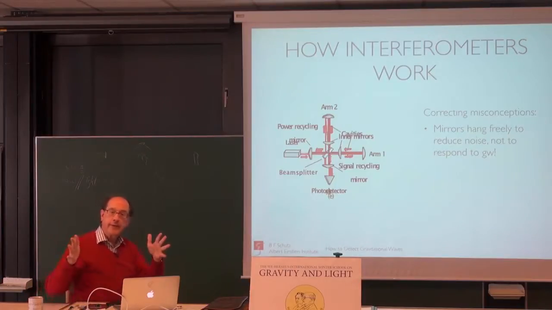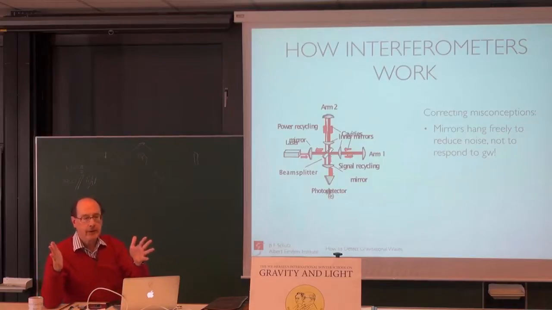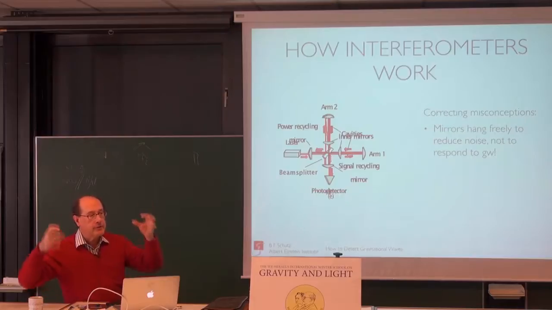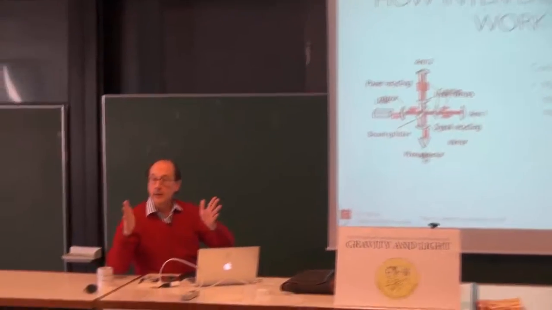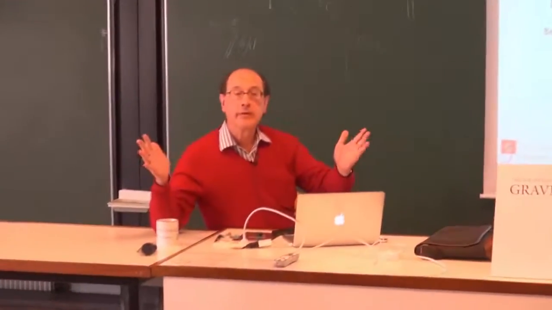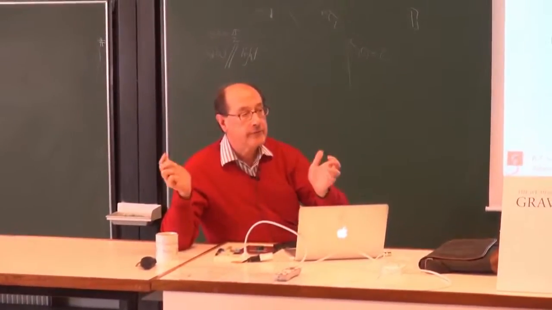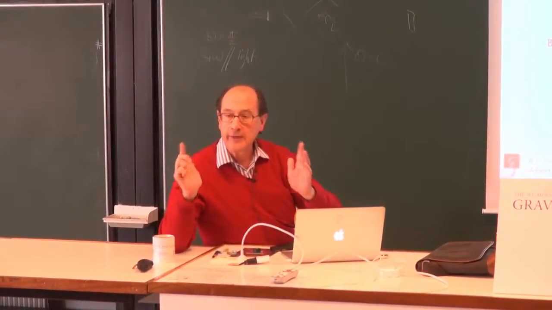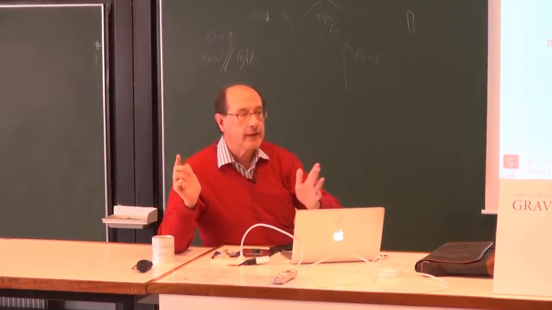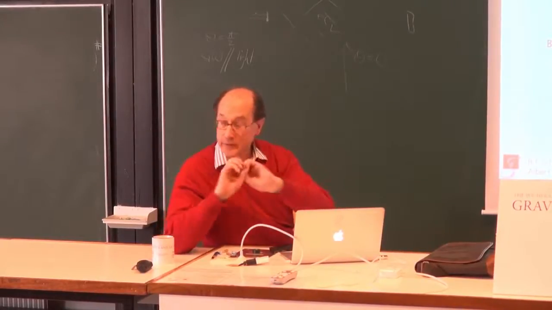The reason that they're free anyway, even if I nailed them down, those mirrors, if I had them on a rigid suspension attached to the ground, they would still move with the gravitational wave. And the reason for that is that the Earth is not rigid enough to stop them moving. So you have this gravitational wave, which is a very weak thing.